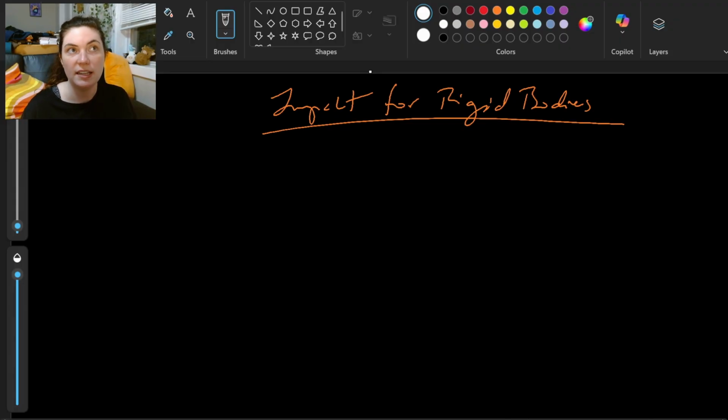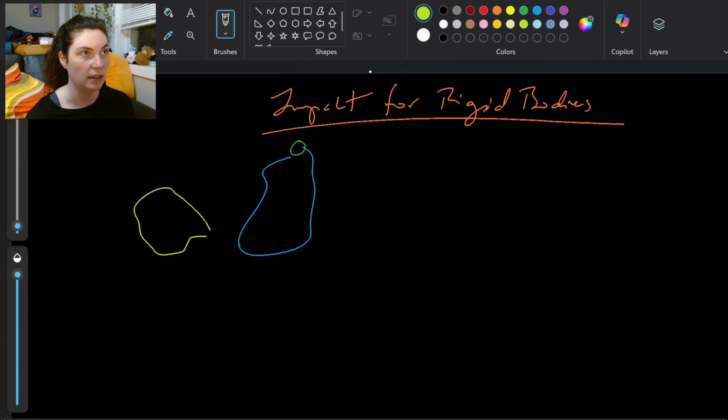With that, it's largely going to be very similar. We're still going to be able to use our coefficient of restitution when we have one body that may just be sitting there, maybe pinned to something at the top, and then another body that comes and strikes it at some angle.